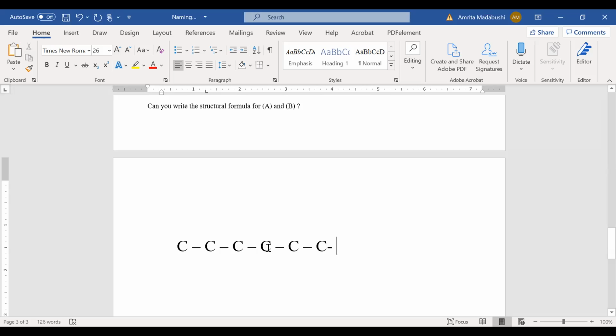Okay, so I have drawn now, and now I'm going to make triple bonds by making one bond over here and one bond over there. Okay, so now I need to make sure that I have enough bonds. So there is only one bond. Let me make the bonds with red.